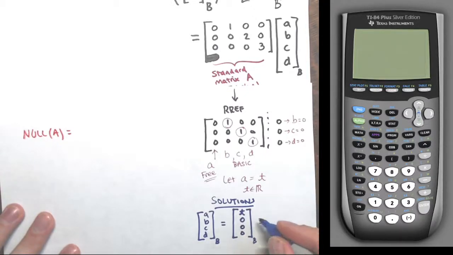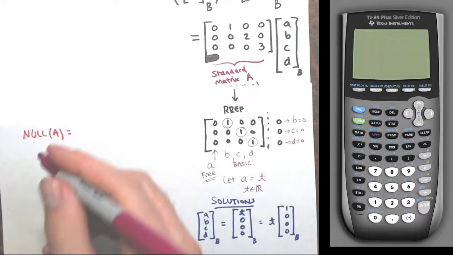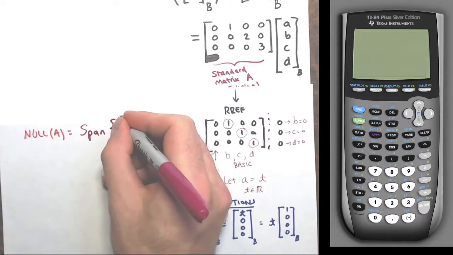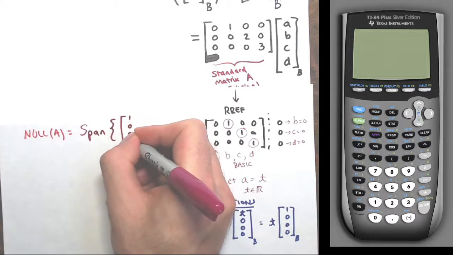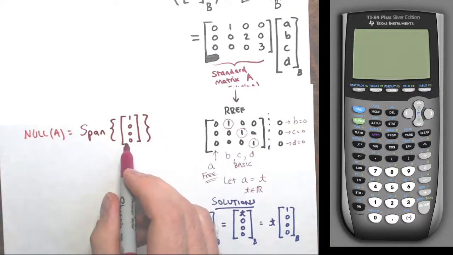And I can pull the T out, T times 1, 0, 0, 0. And again, these are coordinates with respect to basis B. So the null space of A is made up of all the scalar multiples of this vector 1, 0, 0, 0. So the null space of A is the span of the vector 1, 0, 0, 0, all scalar multiples of that.